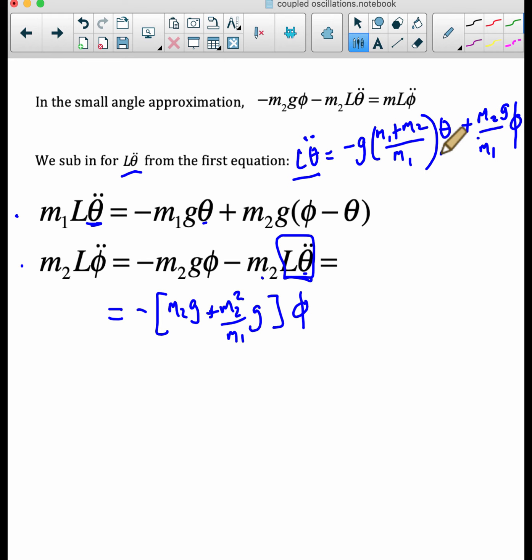And then the theta term is just what we had right here. Now, because we're subtracting, it ends up being a positive. We're subtracting L theta double dot. And we're multiplying, of course, by m2.